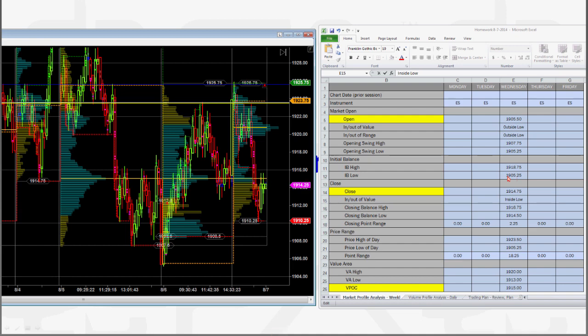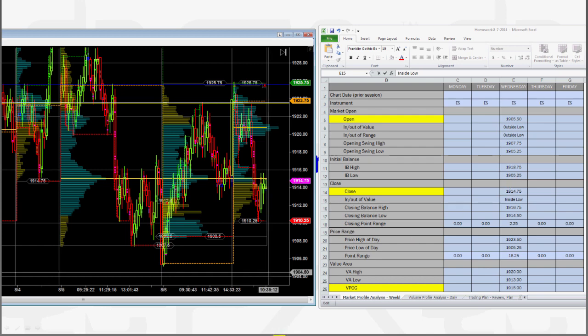If you get a large IB with an open drive, that tells you significant conviction. And not just significant conviction, but the other side abdicated. They relented, they got out of the way. So not only does it show conviction on one side, it shows weakness on the other.